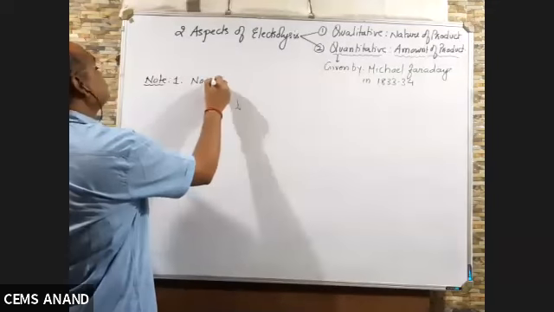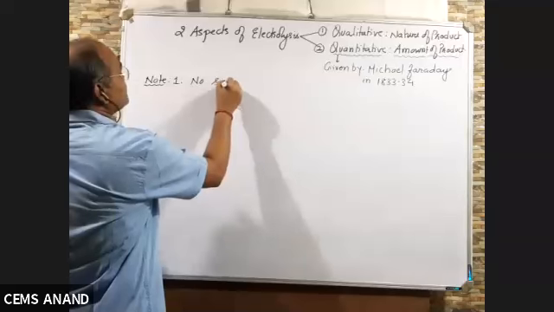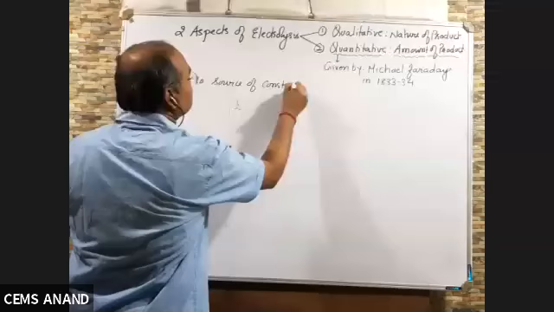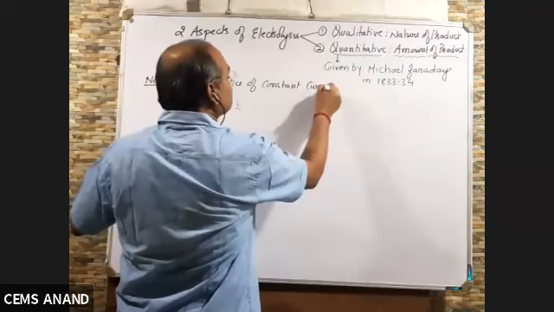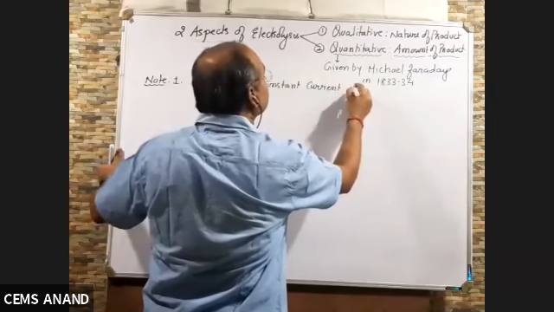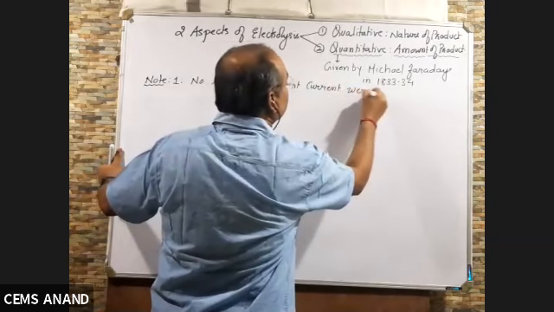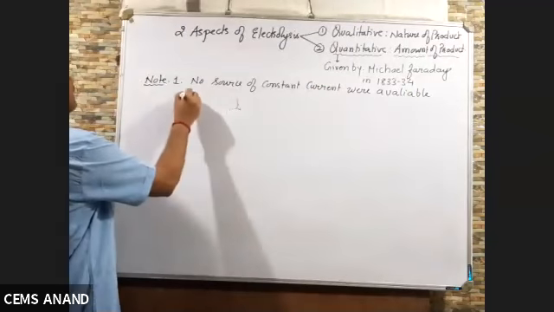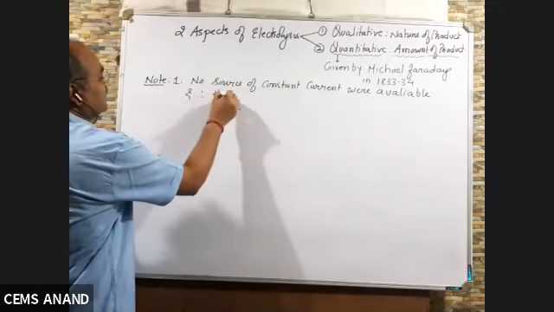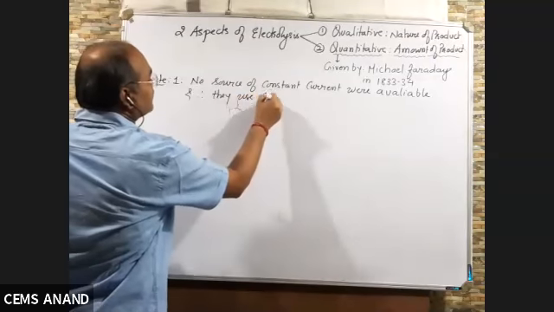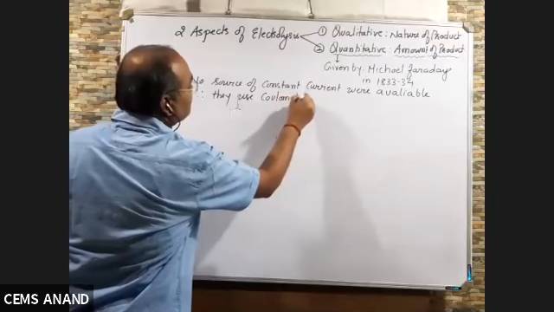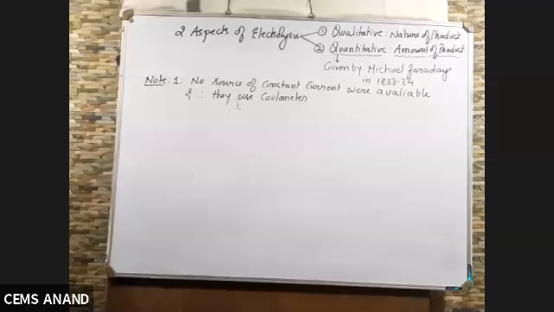So no source of constant current were available, and therefore they used coulometer.